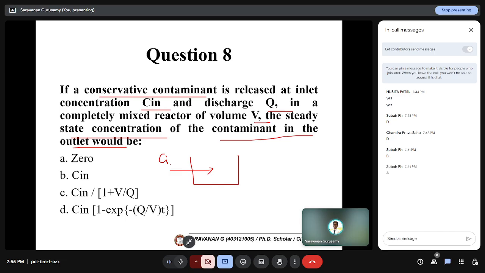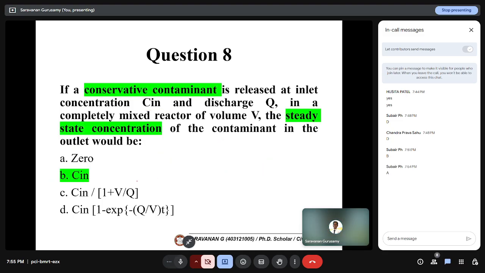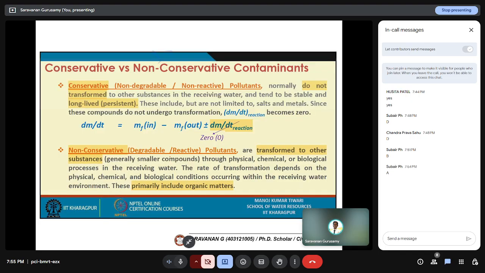It is a conservative pollutant. Whatever the mixing, whatever the volume, the conservative pollutant will come out as it is. There is no reaction. It's not 0. So C in is correct. Because it's conservative and steady state, there is no reaction happening, so everything will come out as it is.